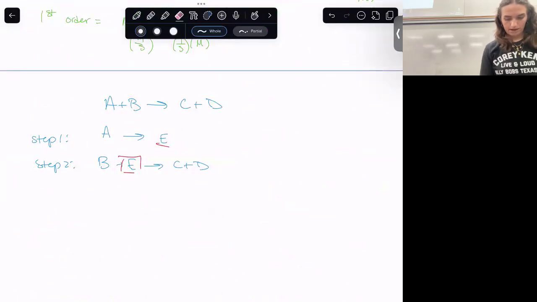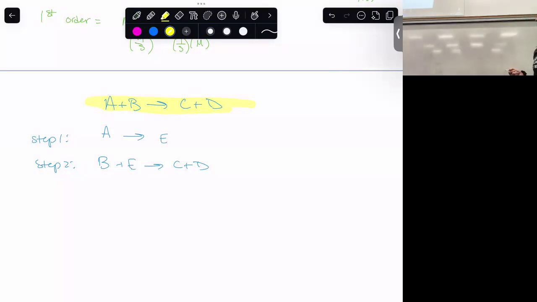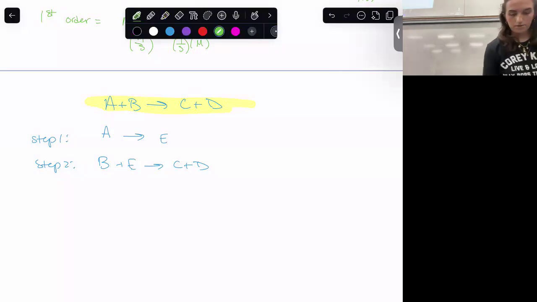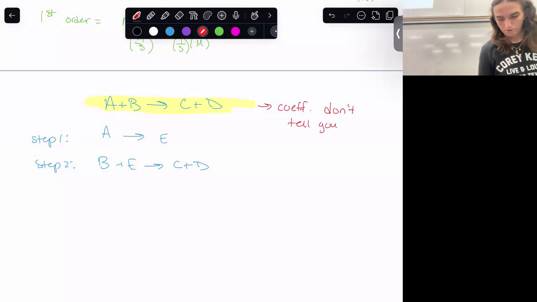So when we look at the original reaction, A plus B goes to C plus D, if you're just given the overall reaction and you're not given the rate law, the coefficients don't tell you the order.